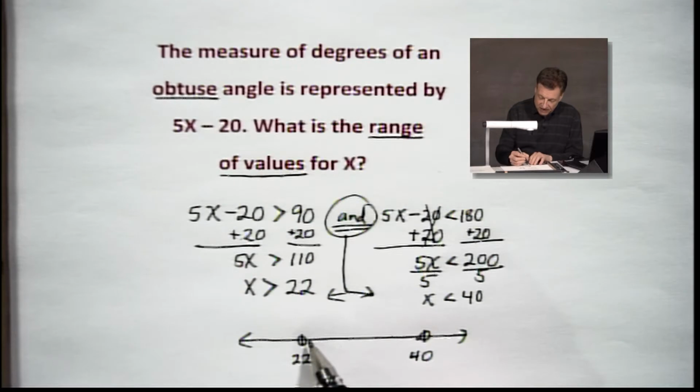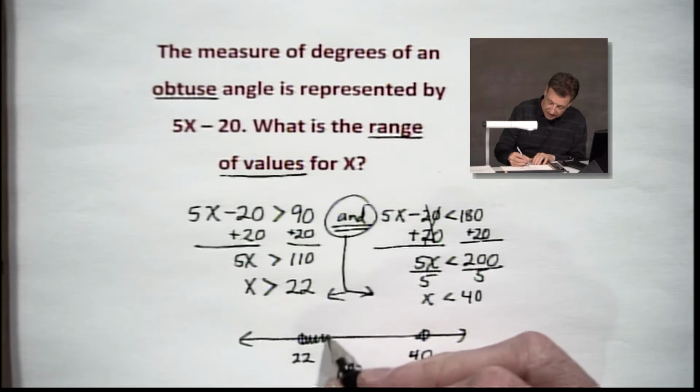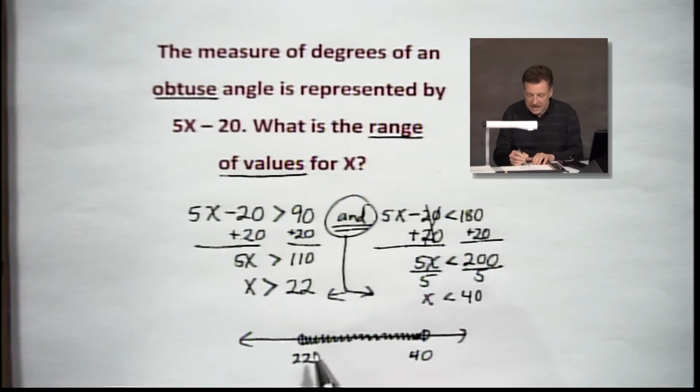If I'm looking at greater than 22, I'm going to the right of 22. On here, I'm going to the left of 40. And I'm looking for where they overlap. Well, they overlap in the middle, and we're just going to shade in there. Any value between 22 and 40, not including 22 and 40, makes it happen.